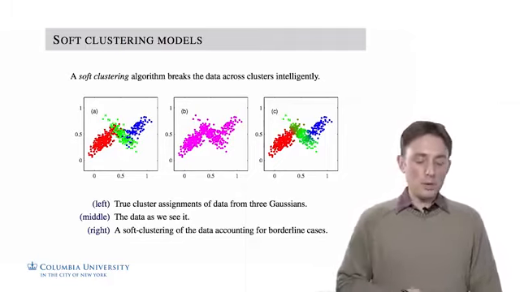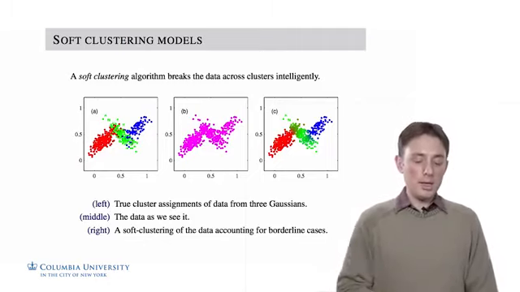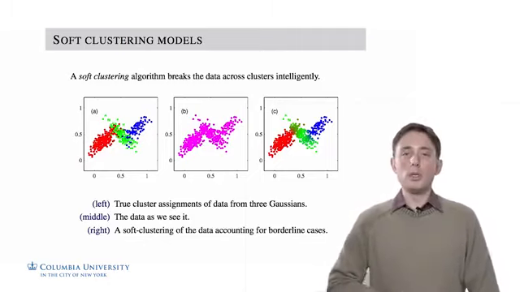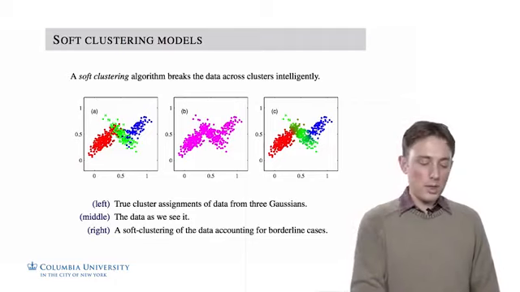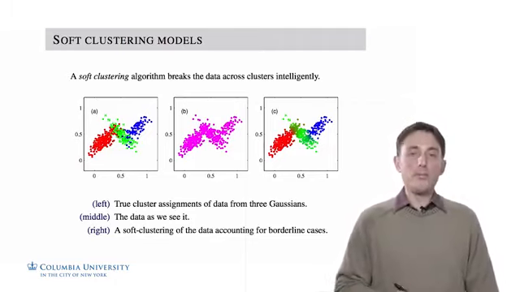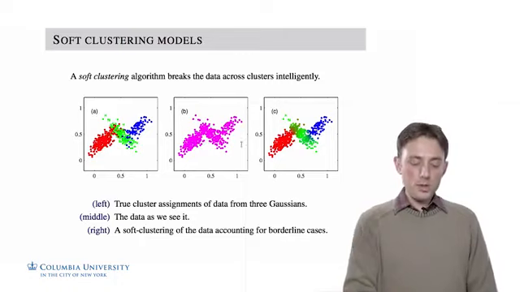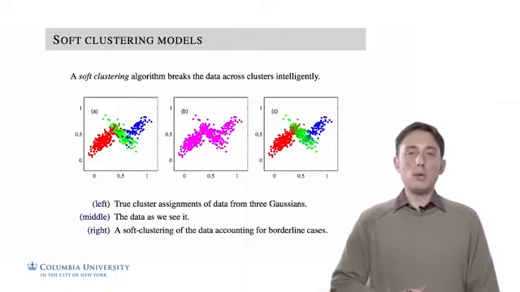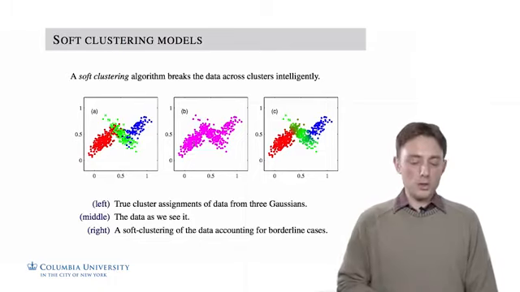All of the green points were generated from a second Gaussian, and all of the blue points were generated from a third Gaussian. So the color is encoding which Gaussian that point came from. Now when we want to cluster these data points, what we see is this data set right here. So this is all we get to see. We don't get to see any sort of cluster assignments or what the cluster centroids are, etc.